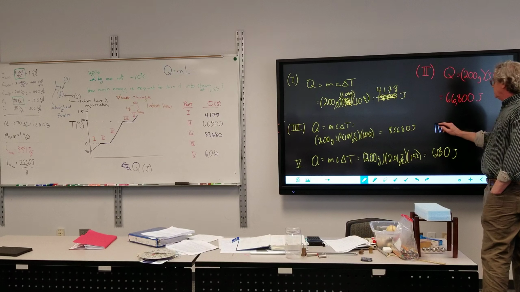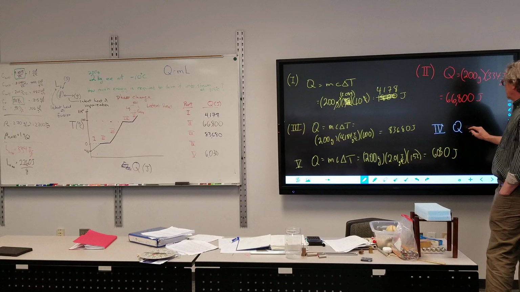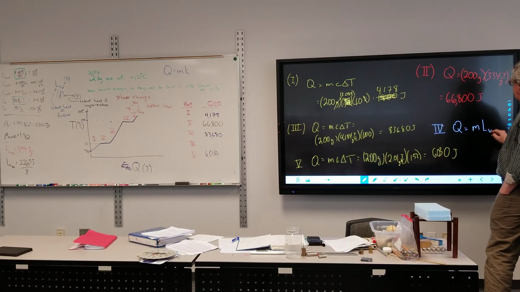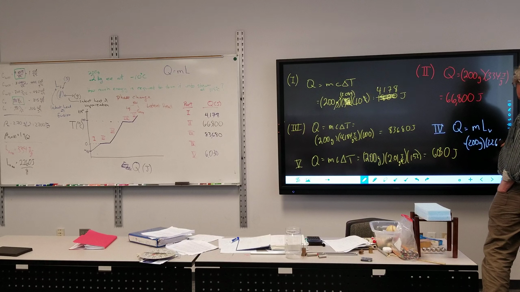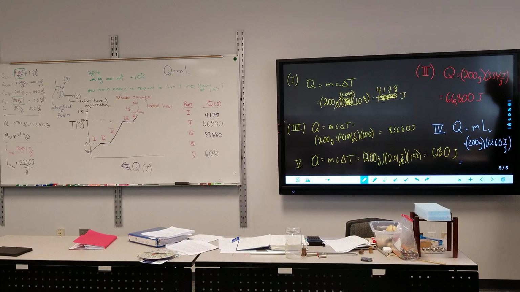And so for part 4, Q is equal to M L sub V, which is 200 grams times 2260 joules per gram, which is 452,000 joules.